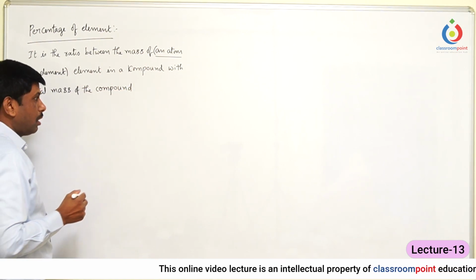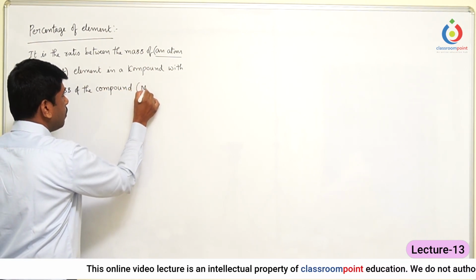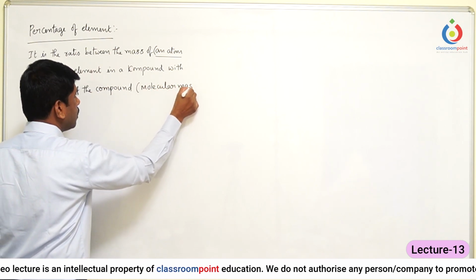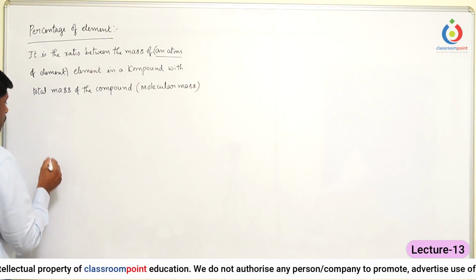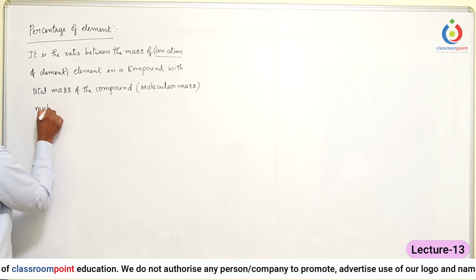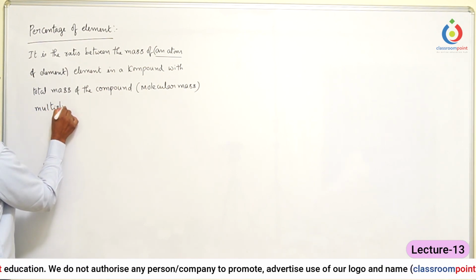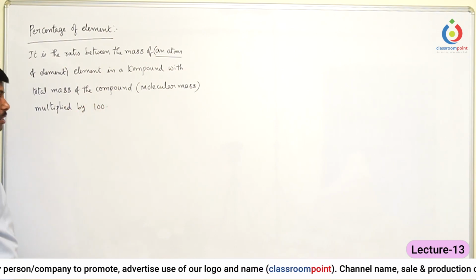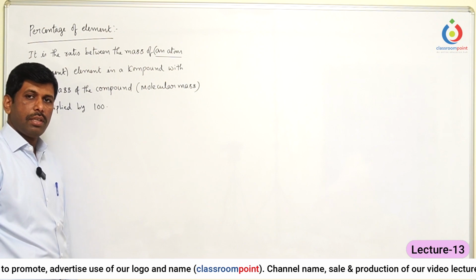Here the total mass of the compound we can consider as the molecular mass, multiplied by 100. It is called the percentage of the element.